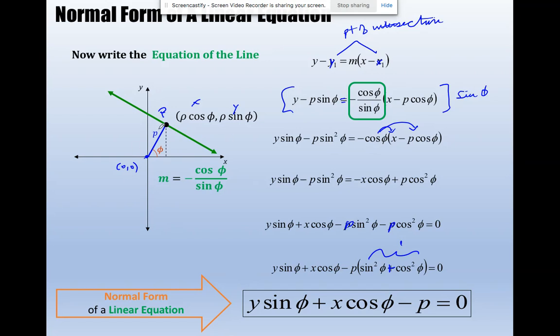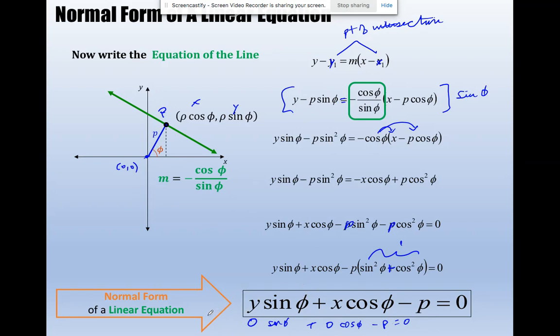What is this distance? If you wanted the distance, wouldn't you just use Pythagoras? Well, what's my x? 0 sine phi plus 0. If I wanted the distance of this line to this point, I can put this in and then I can put that, right?